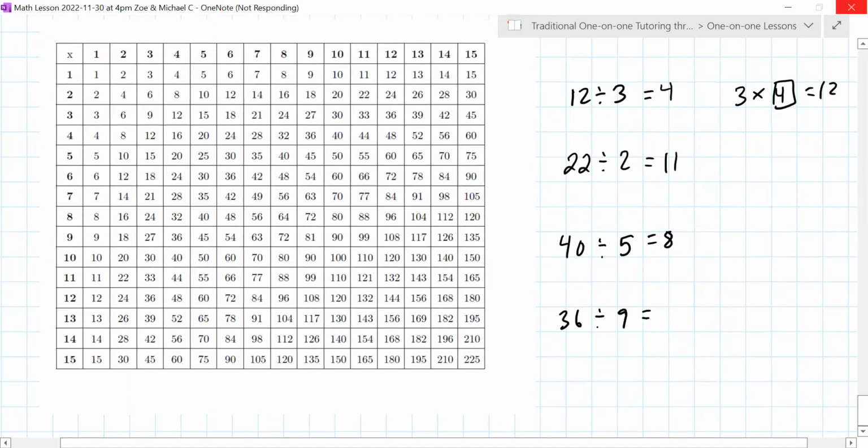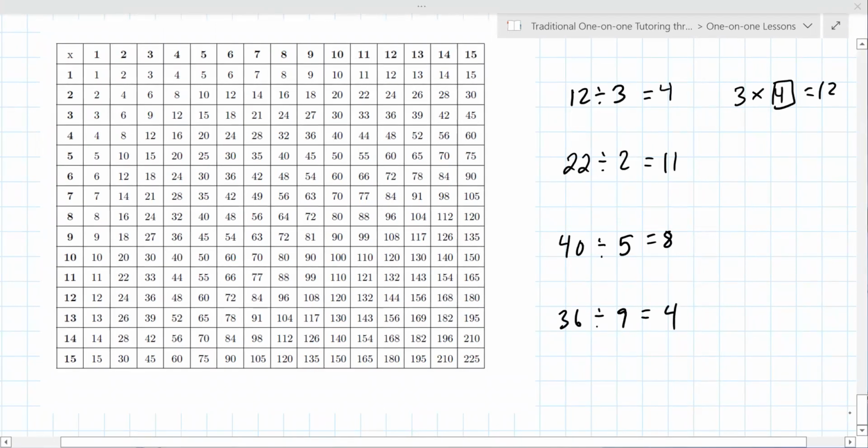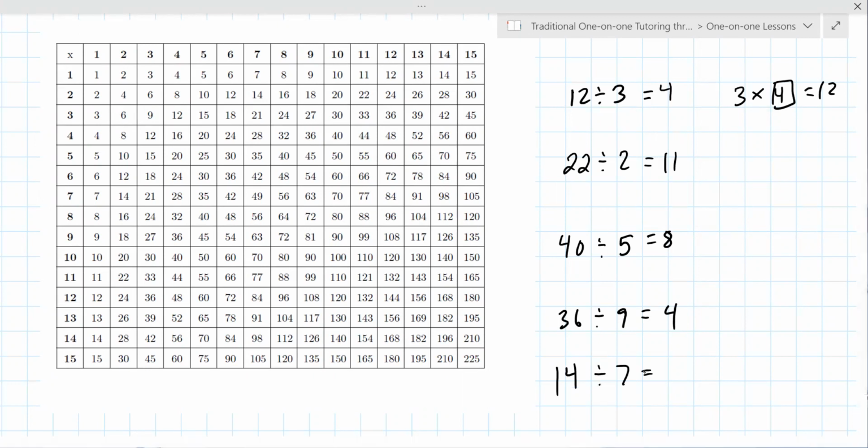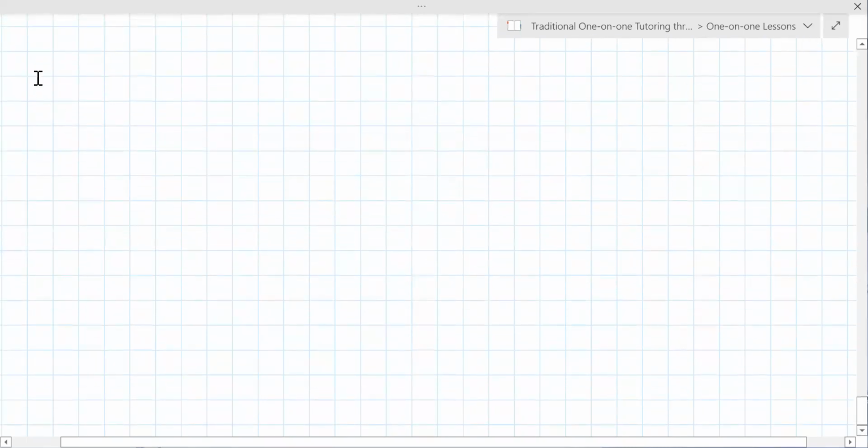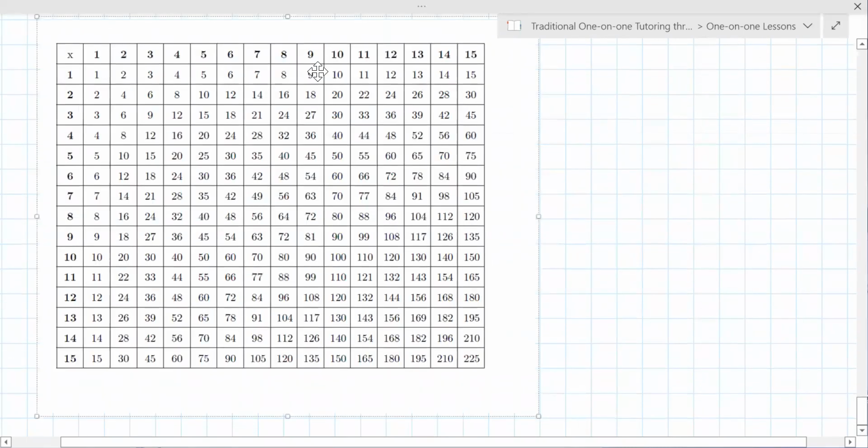What else you got? Okay. I'm sorry, my screen just needs a moment to load. 14 divided by 7. 2. Very good. So eventually you'll be able to do it without this table. That's the key here. So how about, let's go 54 divided by 9.